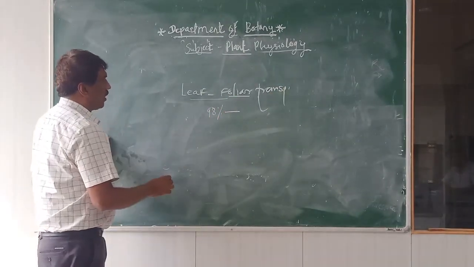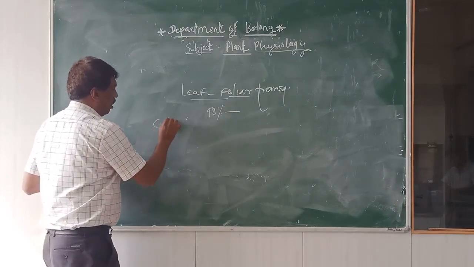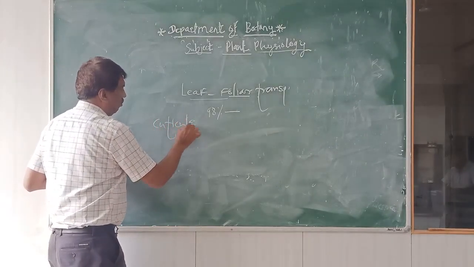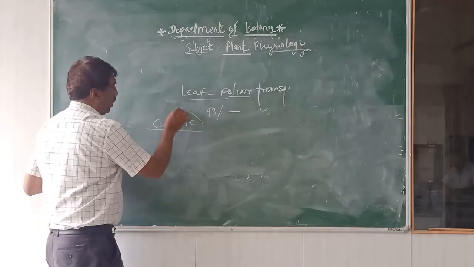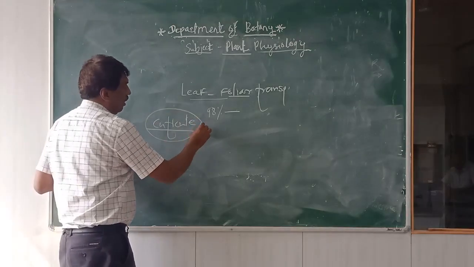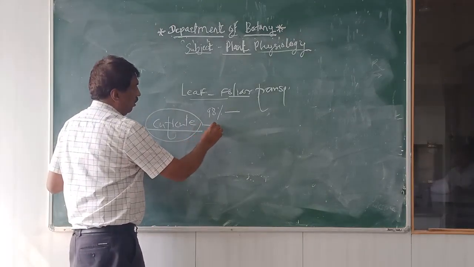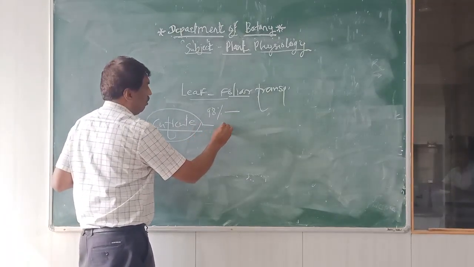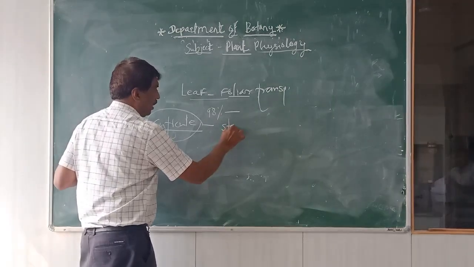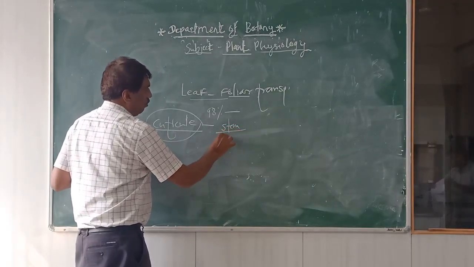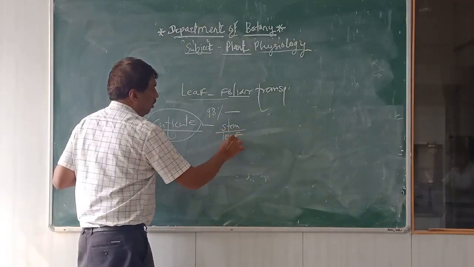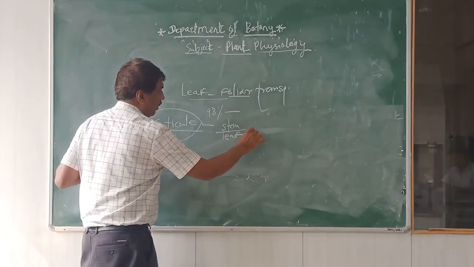Whereas another type of transpiration is called cuticular. I think we all are aware of the cuticle. Cuticle is an integral part of the aerial parts of the plant. For example, there is presence of cuticle on the stem. There is presence of cuticle on the leaf, especially on the upper or lower epidermis.